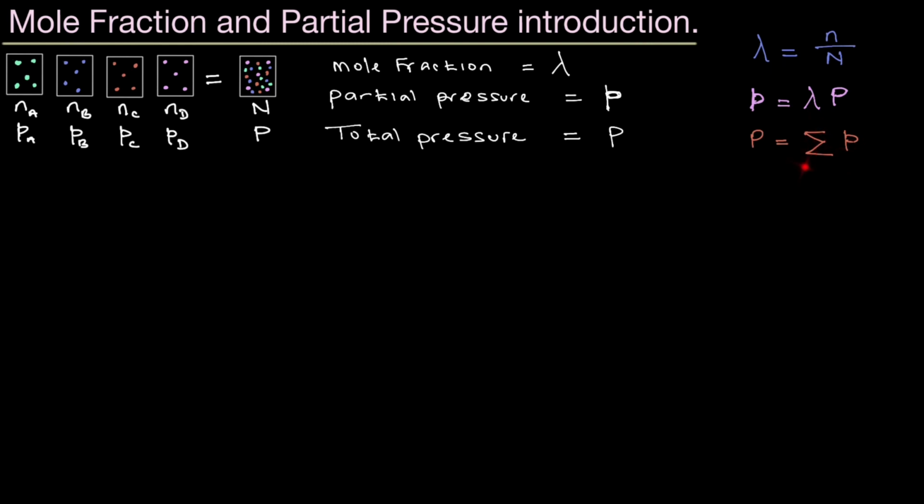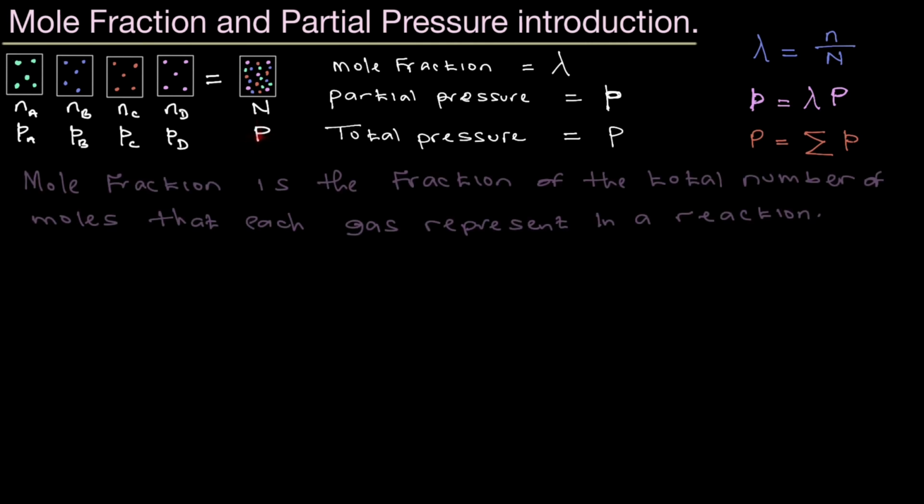Sum means addition, so this symbol, capital sigma, is an addition symbol, meaning you're adding all these together: partial pressure of A, plus partial pressure of B, plus partial pressure of C, plus partial pressure of D equals P.